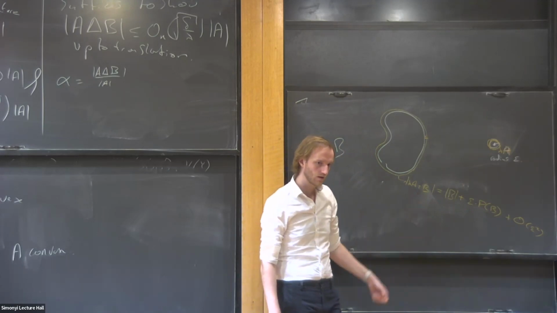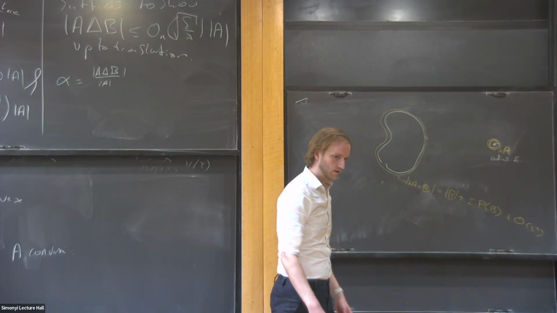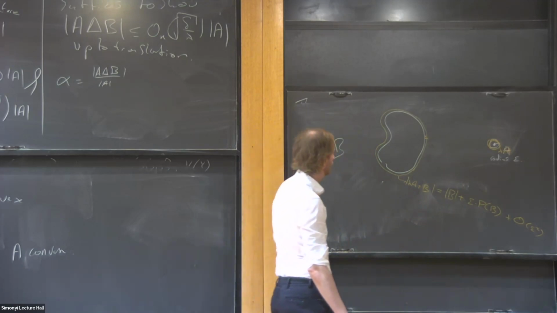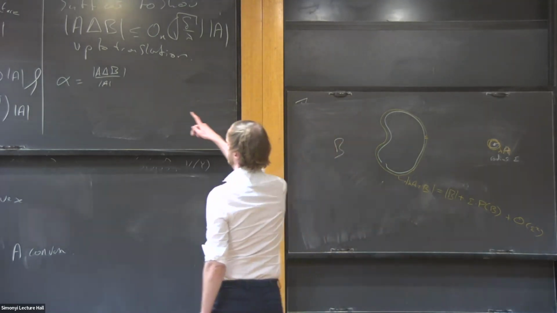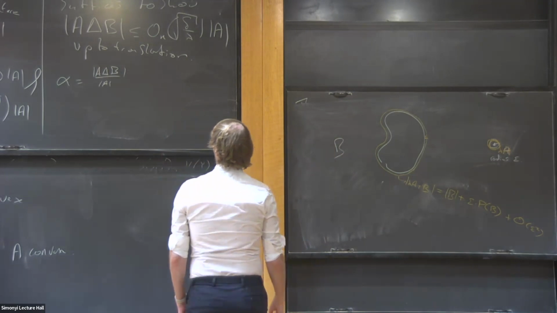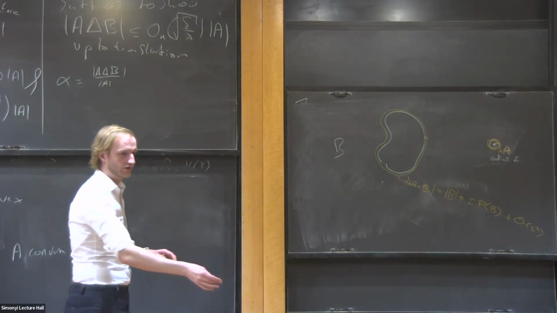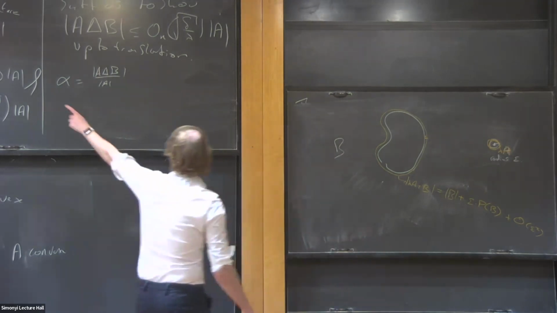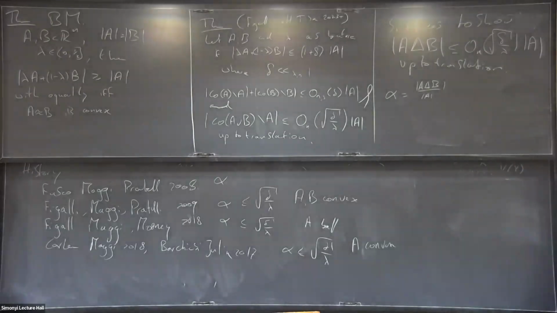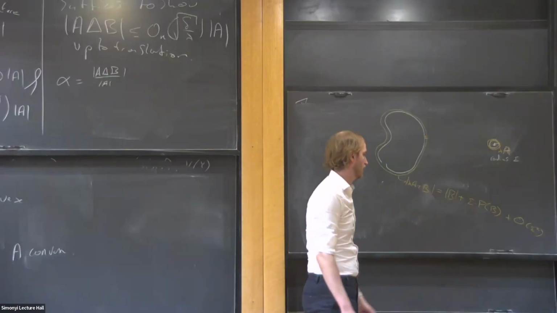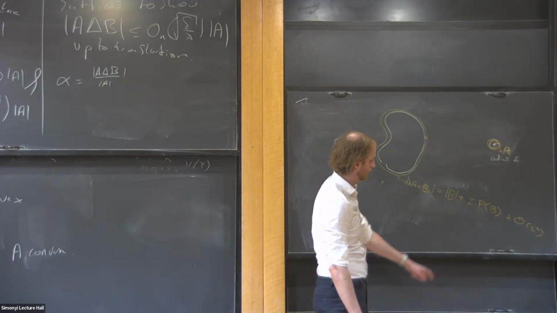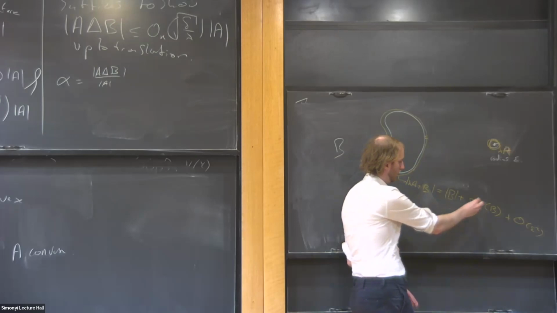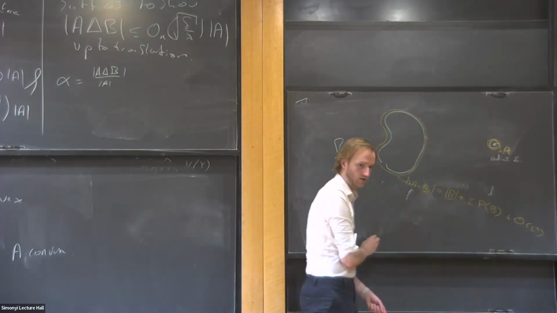Okay, but the A delta B, I mean, where is the semantic difference between this B and this A? Right, so what does this stability say? Again, you need to be a little bit careful with the normalization, because as my lambda goes to 0, this delta will also go to 0, in the sense that this epsilon will go to 0. But if you think about it, what minimizes P is what minimizes the set.